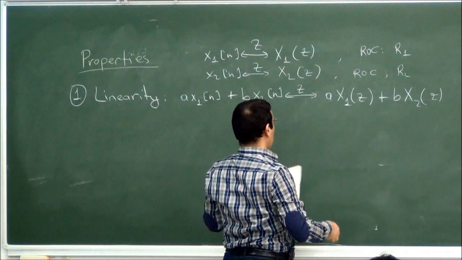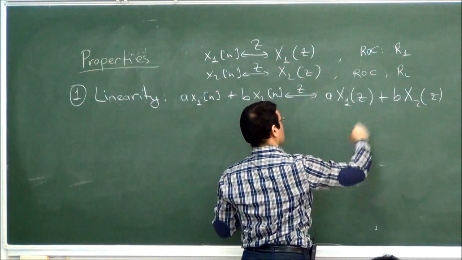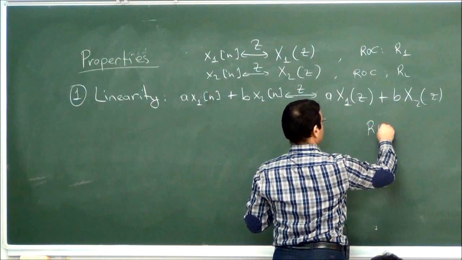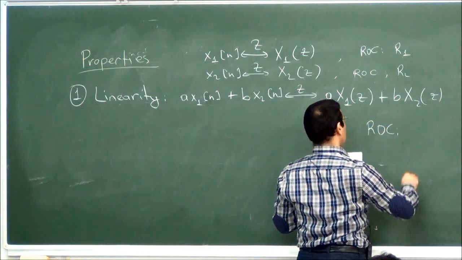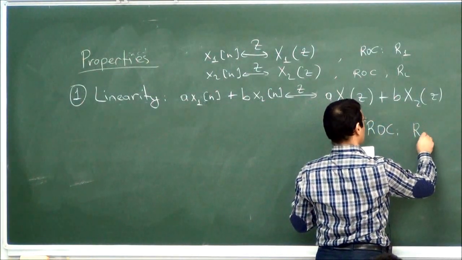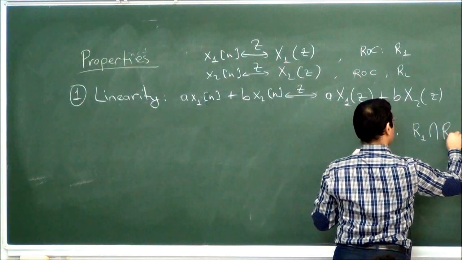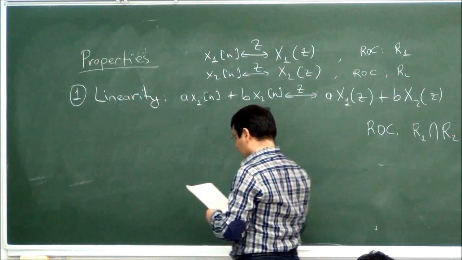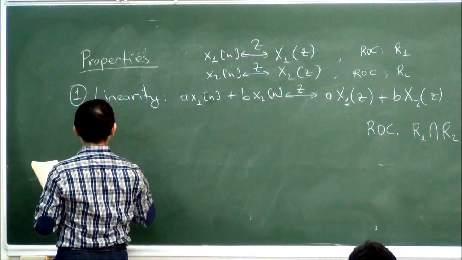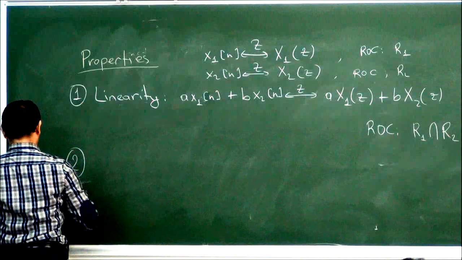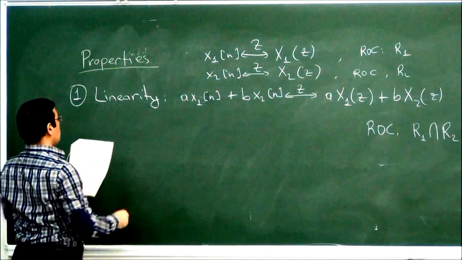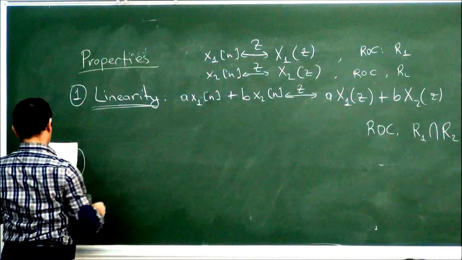What about the region of convergence? In this case, the new region of convergence is the intersection of these two regions. So this property is, I think, clear.